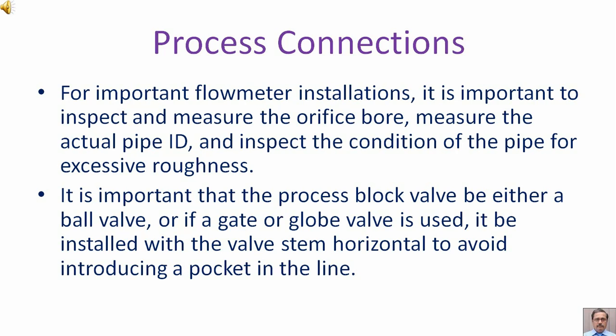It is important that the process block valve be either a ball valve, or if a gate or globe valve is used, it be installed with the valve stem horizontal to avoid introducing a pocket in the line.